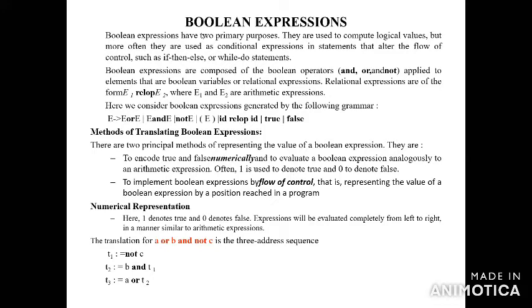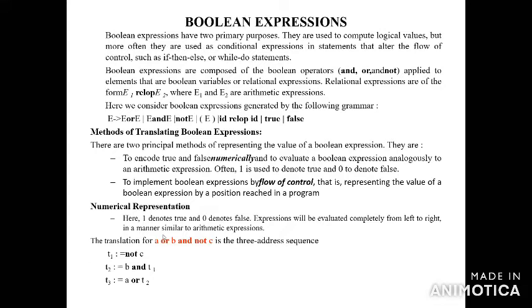True is indicated by 1, false by 0. Based on the Boolean expression, you calculate it like an arithmetic expression for the given grammar. So 1 is used to denote true and 0 is used to denote false.